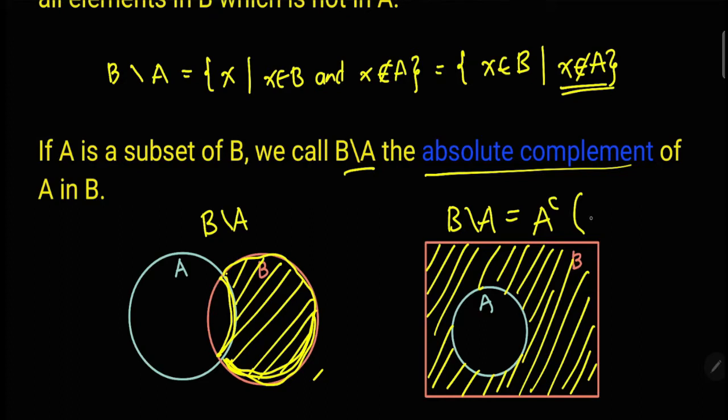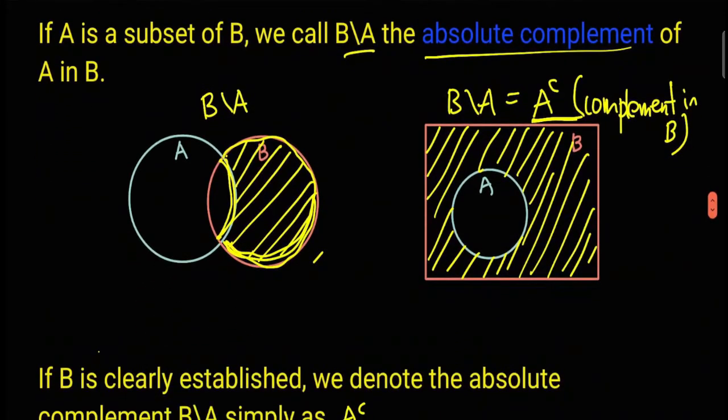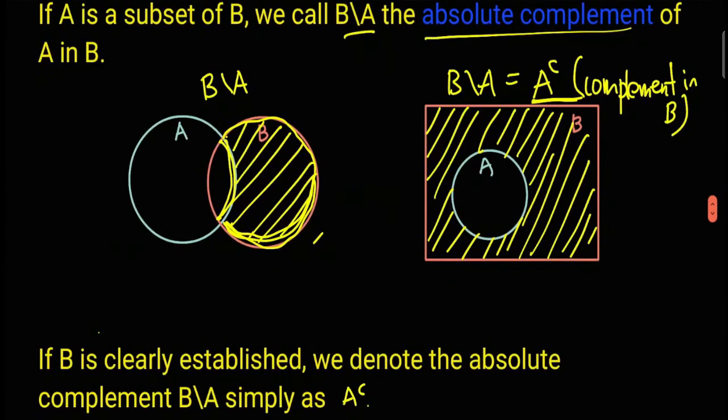So this is complement in B. Although in this representation, B is not mentioned, it should be understood that we're talking of a set A which is inside a bigger set B. So we only do that representation if B is established. We can simply denote that as A to the C to mean the complement of A in B.